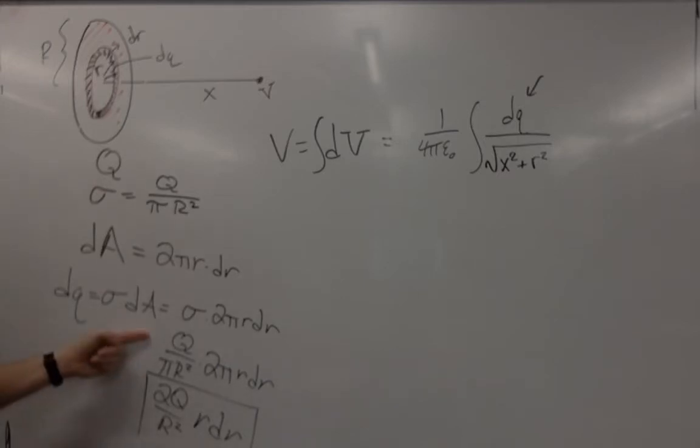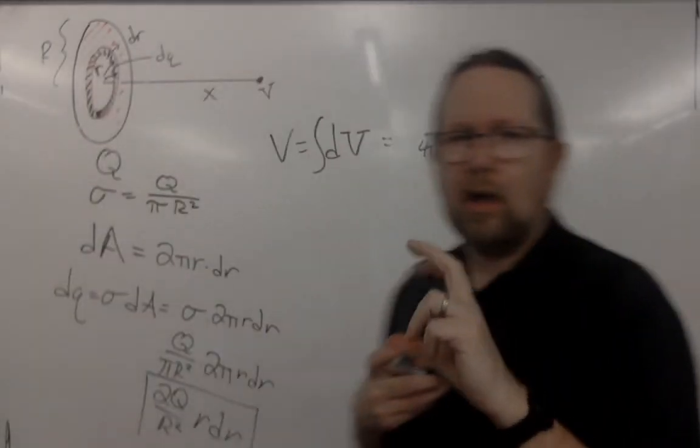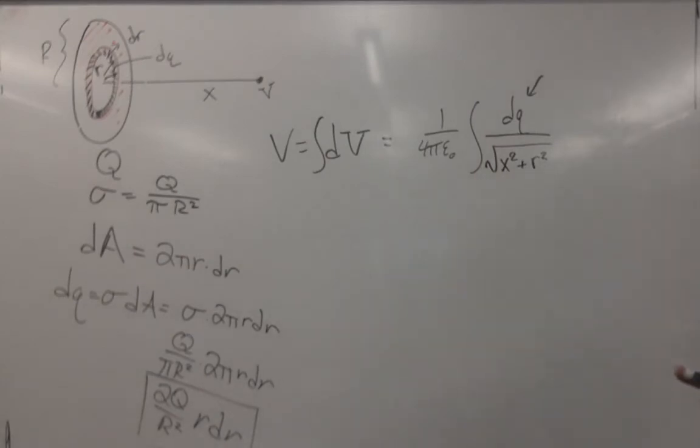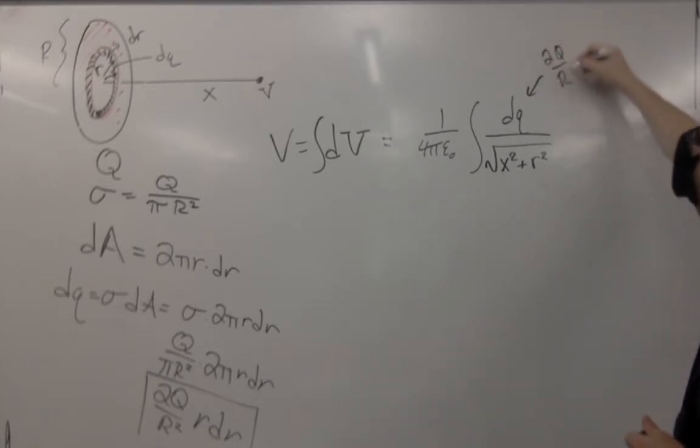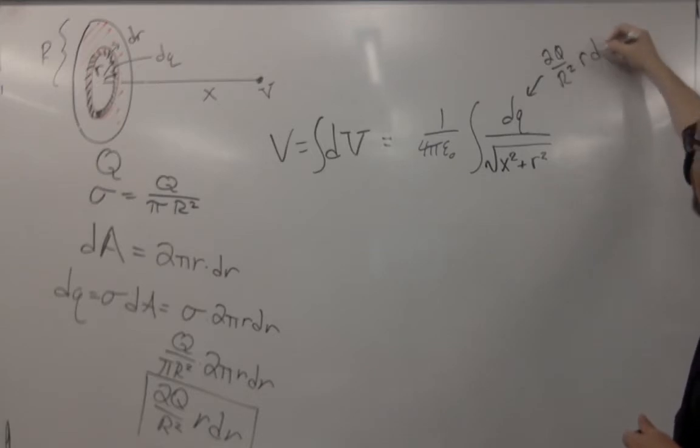We can either choose to express the final answer in terms of Q, the charge of the whole disk, or sigma, the charge density of the disk. I prefer to do it in terms of Q. So we'll substitute here for dq 2Q over R squared times r dr.